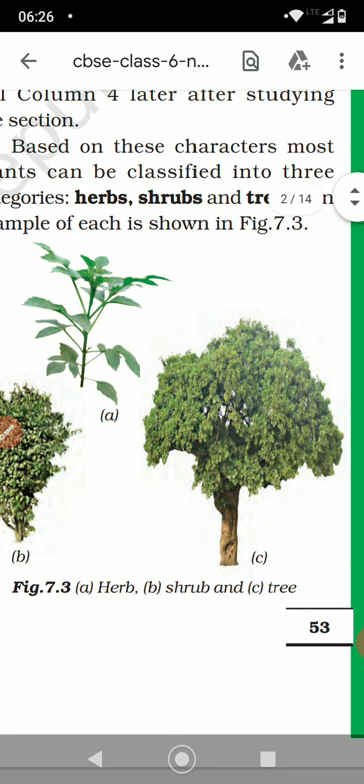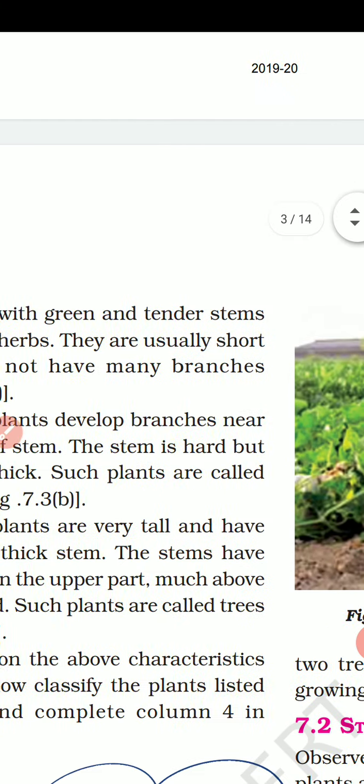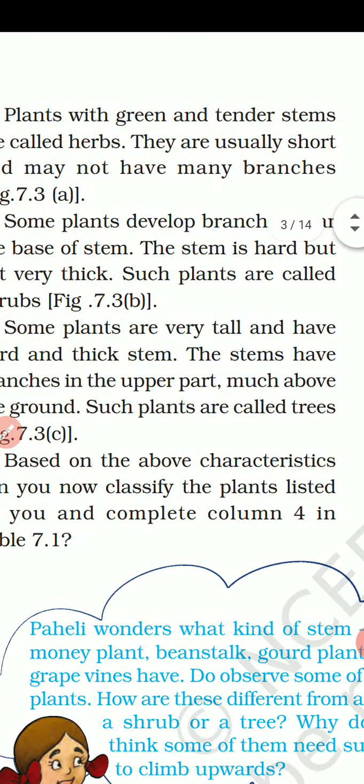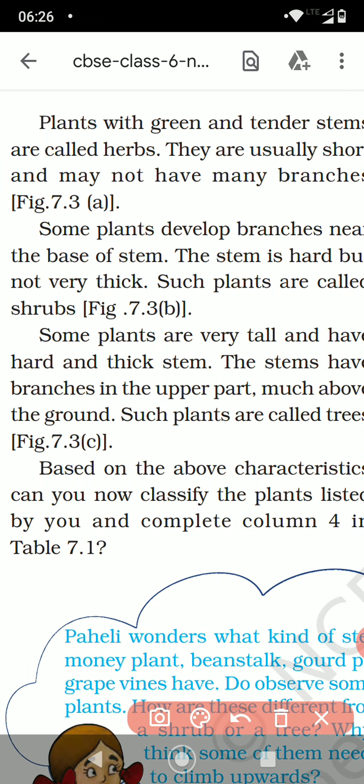So here we have seen the herbs, shrubs and the trees, children. Now we are going to see the definitions. Plants with, now this needs to be underlined and is very important, children. Plants with green and tender stems are called herbs.